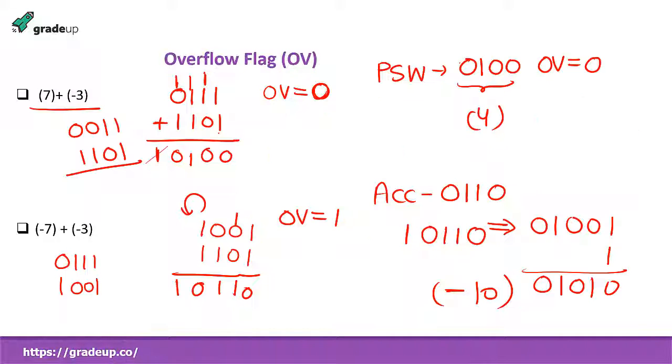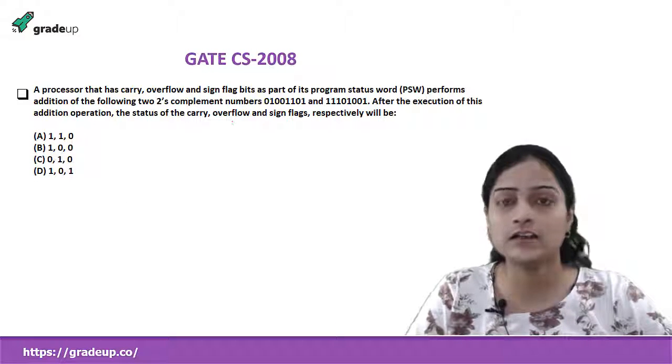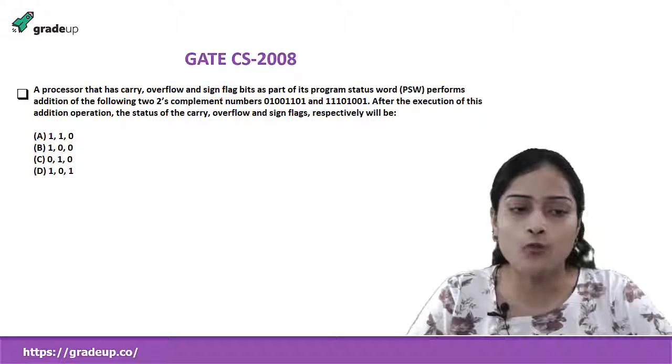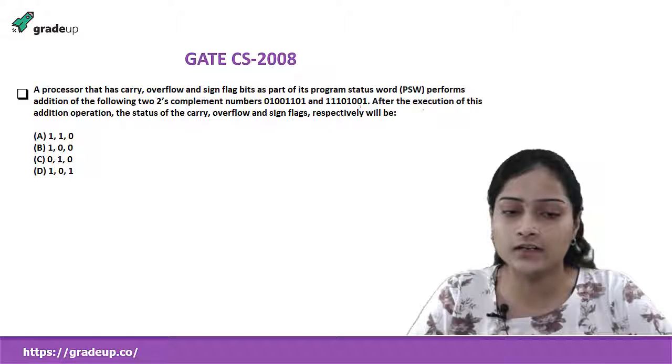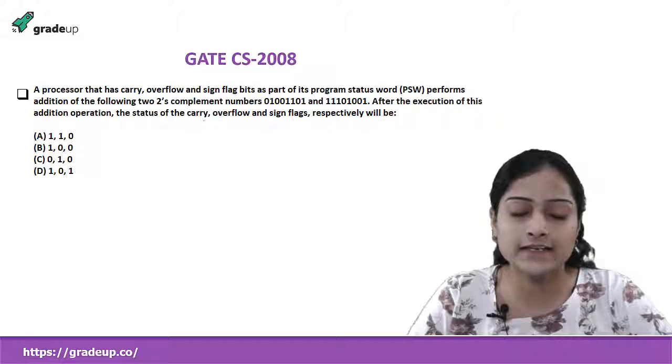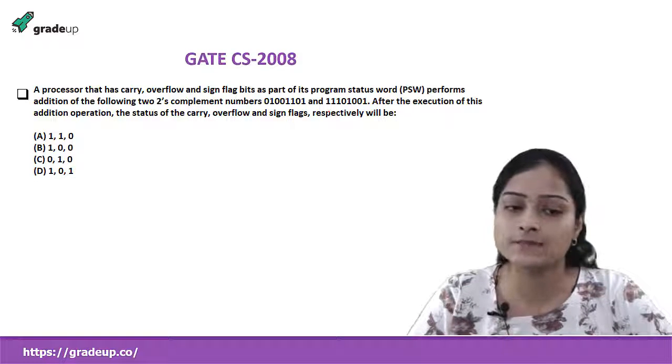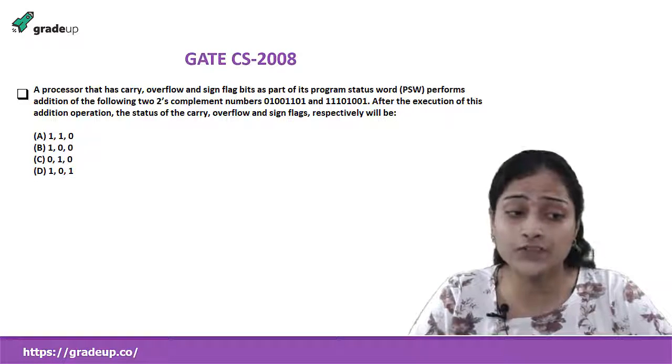Let us discuss a previous year question on the conditional flags. A processor that has carry, overflow and sign flag bits as a part of its program status word performs addition of the following 2's complement numbers. We are already provided with 2's complemented numbers. It is asking the status of these flags after performing the operation. Let us perform the addition operation.